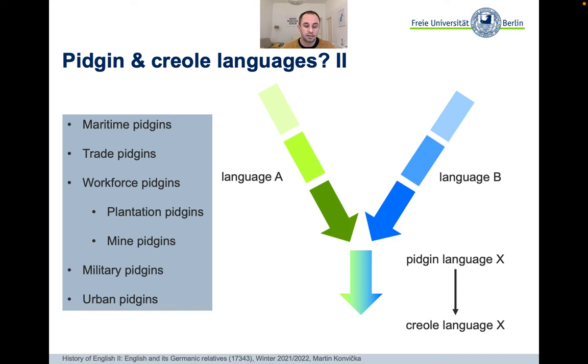In military contexts, in an army, this happens quite often in multilingual societies. And also, of course, urban pidgins, situations where people meet in cities through migration, for example, without a common means of communication, leading to the creation of a pidgin language. And if this situation continues, then the pidgin language, as I said, evolves into a Creole language.